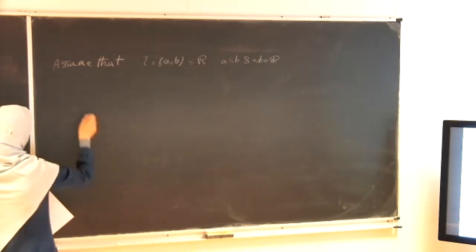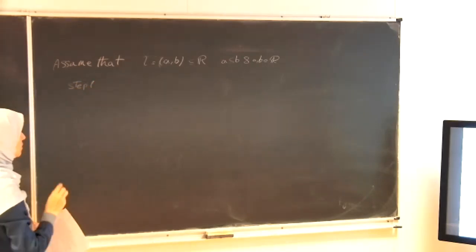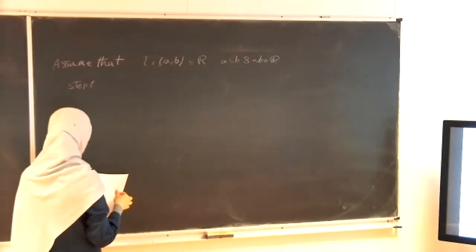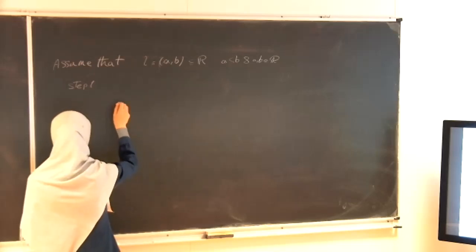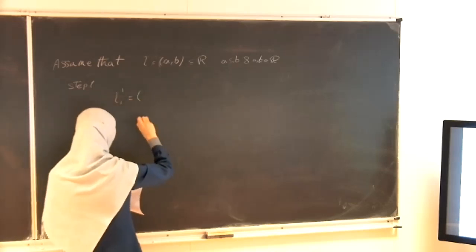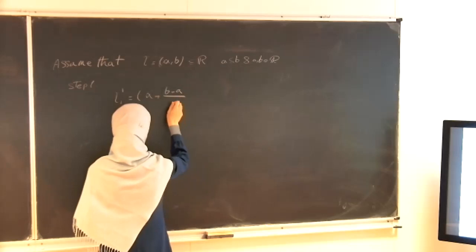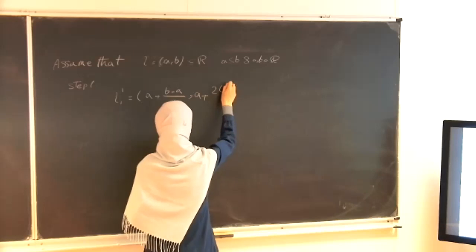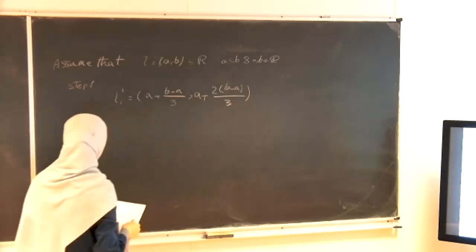So in step 1 of constructing the Cantor set from the open interval I, we have to take out one open interval in the middle of that. So we take this open interval, which is (a + (b - a)/3, a + 2(b - a)/3).